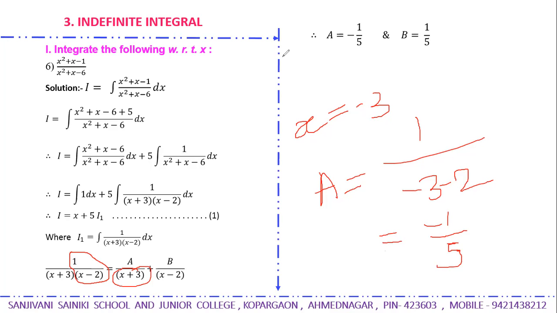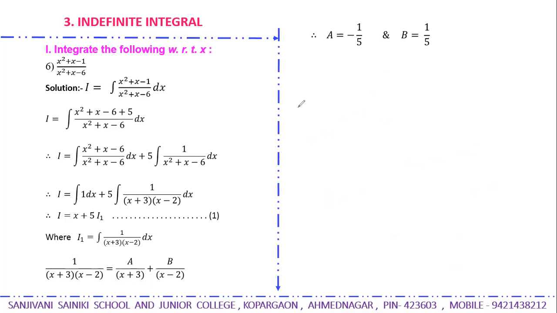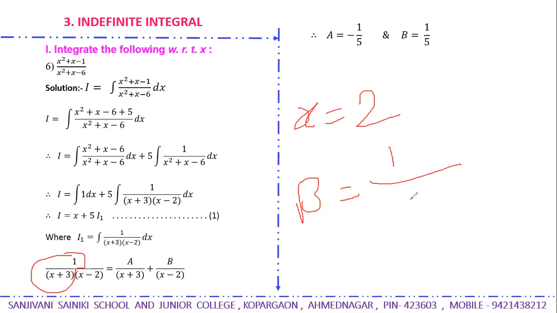Similarly, for finding the value of b, I will put x is equal to 2 in this part. So b is equal to 1 upon 2 plus 3, that means 1 upon 5.